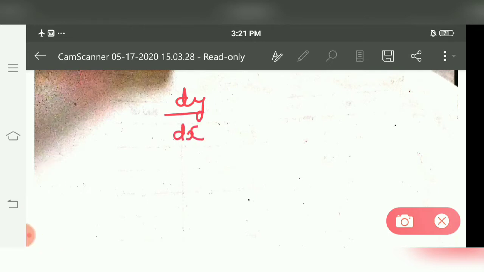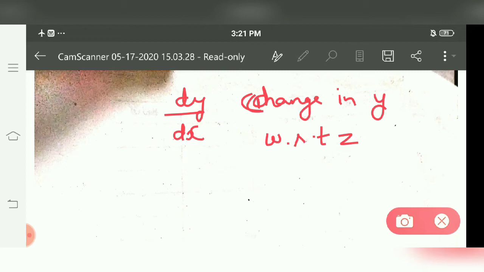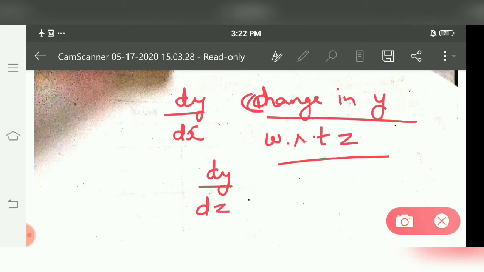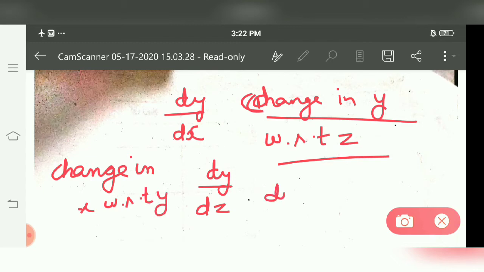Suppose I want to find out the change in y with respect to z, then we can write it as dy by dz. If we want to find the change in x with respect to y, then we can write it as dx by dy.